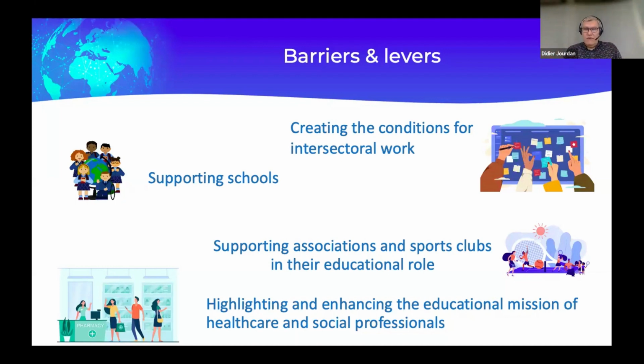Among the levers, this is supporting schools concretely where they are in doing a better job. This is also supporting associations, municipalities, and sports clubs around the school to contribute to the health of young people, and also to contribute to the mobilization of the healthcare and social professionals around school.